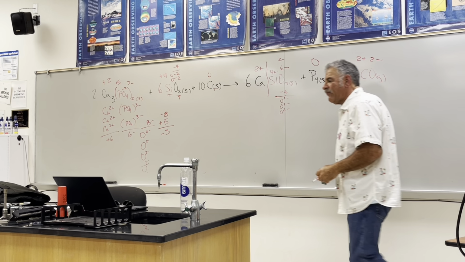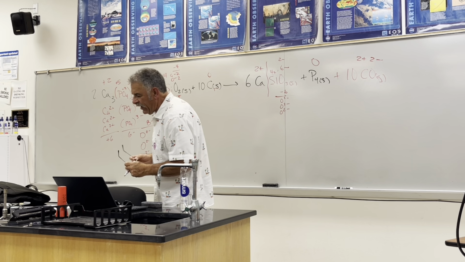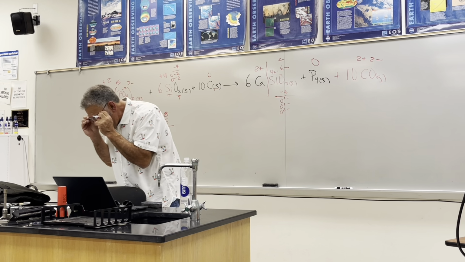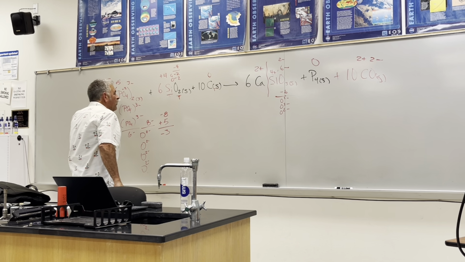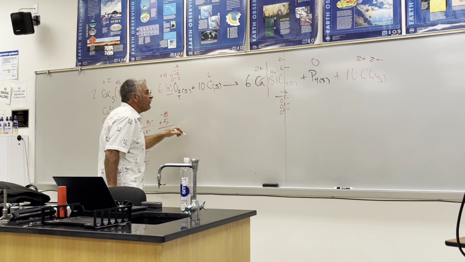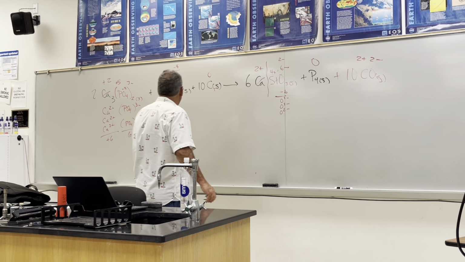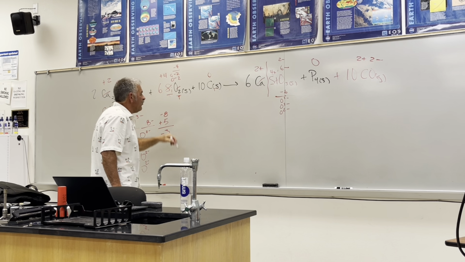And is that all we need for that? No. There's another step, correct? Oxidation and reduction. We've got to figure out which one's which. Okay, so calcium's 2+, calcium's 2+, no change there. Silicon's 4+, silicon's 4+, no change there. O2 is 2 minus, no change there.